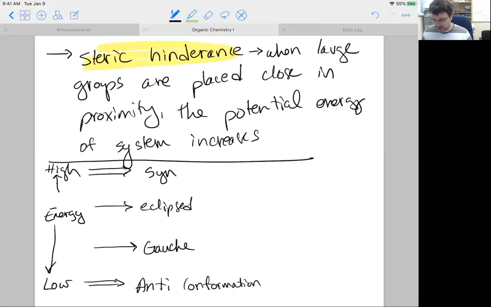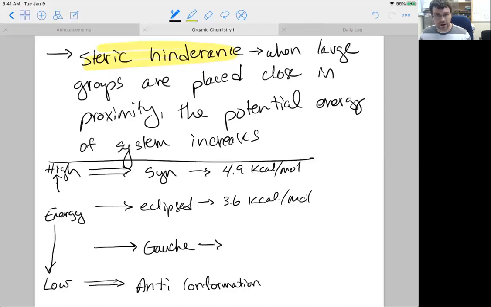So it goes anti, Gauche, eclipsed, Syn. And with this in mind, we can start to sketch out an energy diagram for this particular system. To do that, we should assign some energetics. Before we saw eclipse conformations at about 2.9 kcals per mole, but Syn is really high in energy. It's 4.9 kcals per mole. Eclipsed is 3.6 kcals per mole.